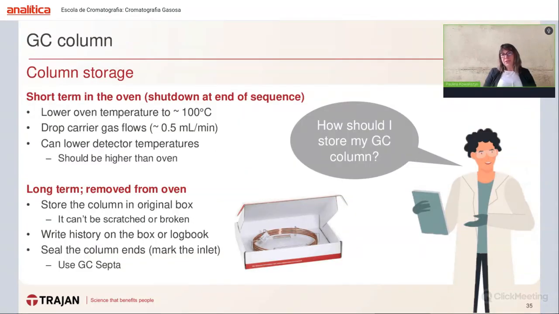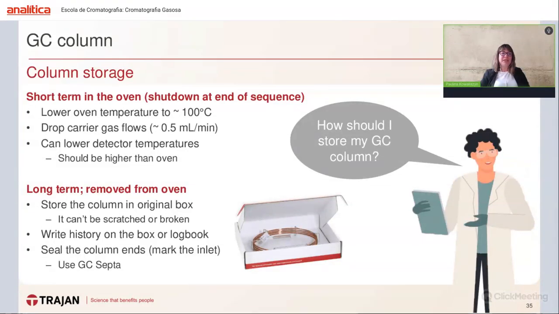And then column storage. Most of the time our columns are working, performing analysis in our GC, but sometimes we are giving them a rest. So how should we store the column?